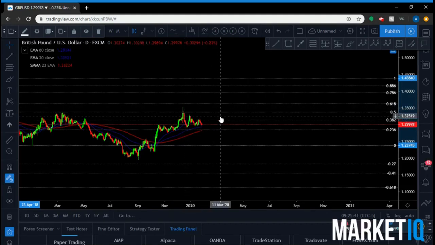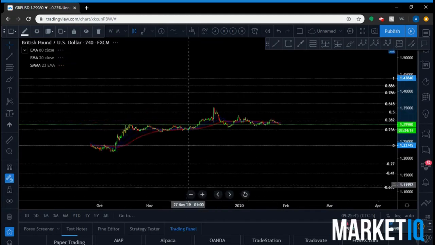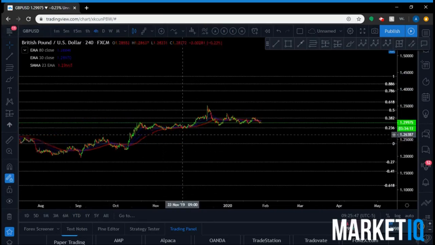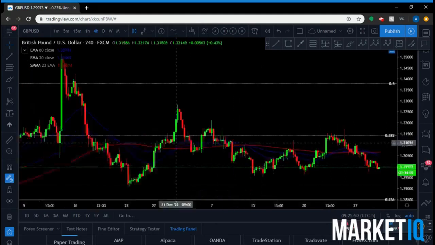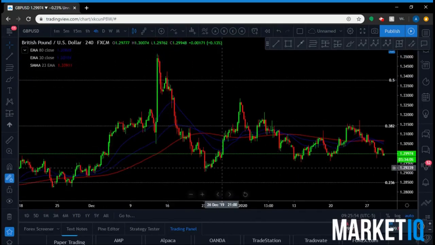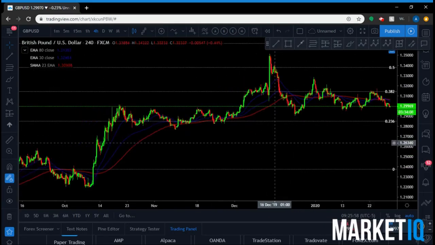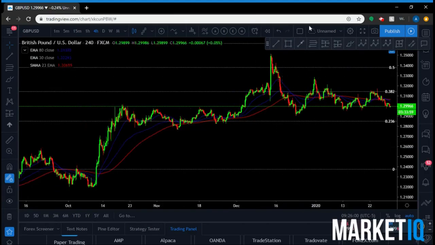That is a pretty good indicator. If we go down a time frame, you can see that we started to get this rejection here off of the 0.5. And that's what we're looking for. We're looking for price to reject off of specific Fibonacci levels.